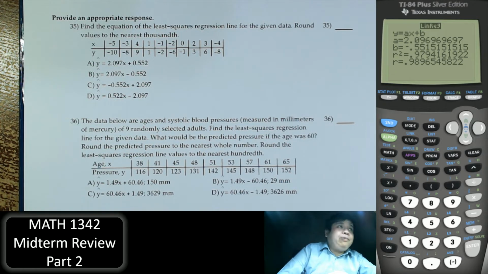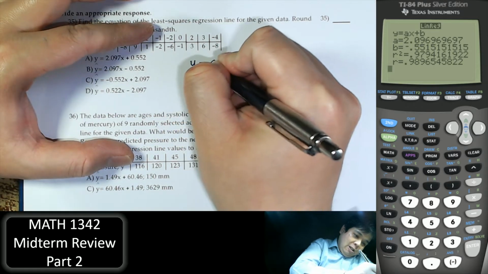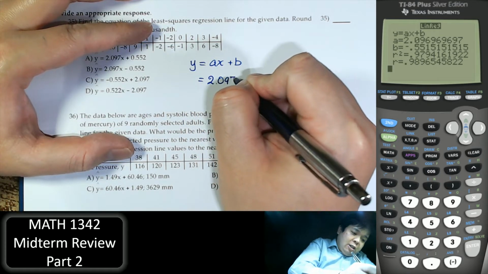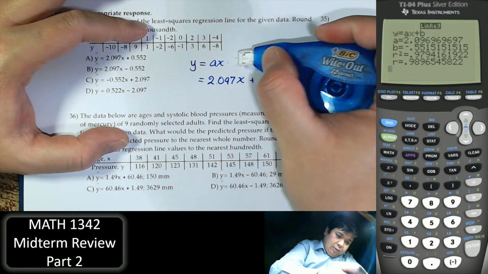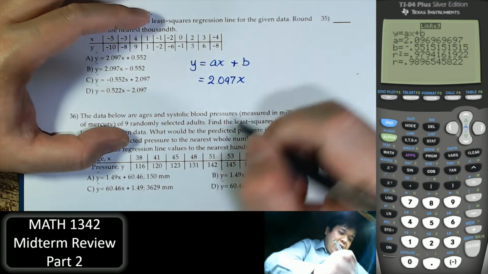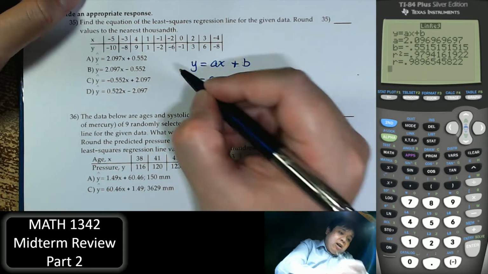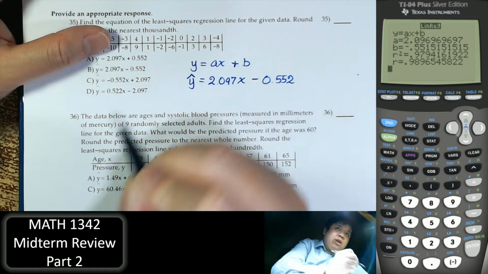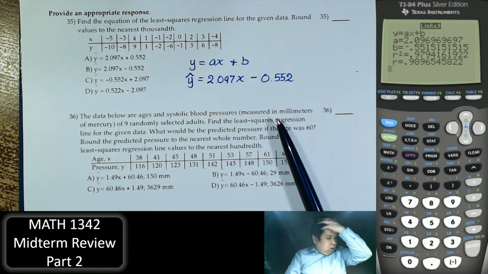So in that form, this is in Y equal to AX plus B. On this particular, A is 2.097 x, and B is, actually it's plus B. B is negative 0.552, and this is the best fit line, so it's not actually the graph of the function, it's the estimate, so we put a hat to it. Yeah, so that's all we have.